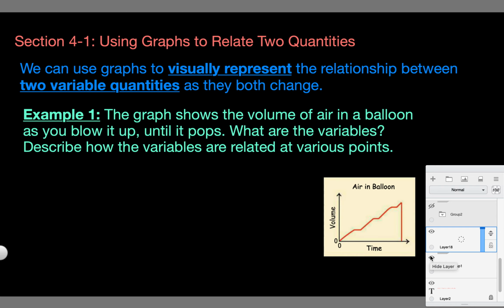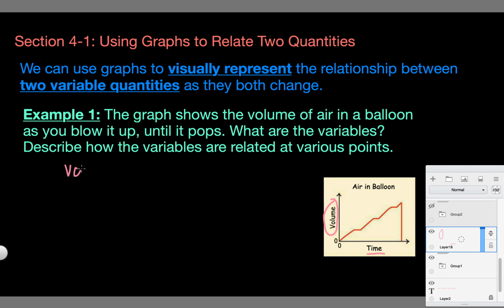So in this first example, it says that the graph below shows the volume of the air in a balloon as you blow it up until it pops. What are the variables? And describe how the variables are related at various points. So as we can see right here, our variables are going to be our time and our volume. So those are the two things that are changing.